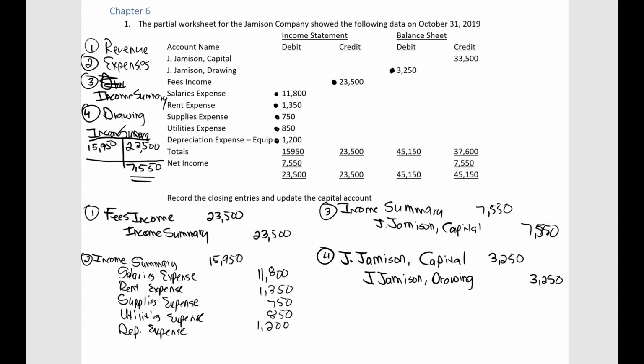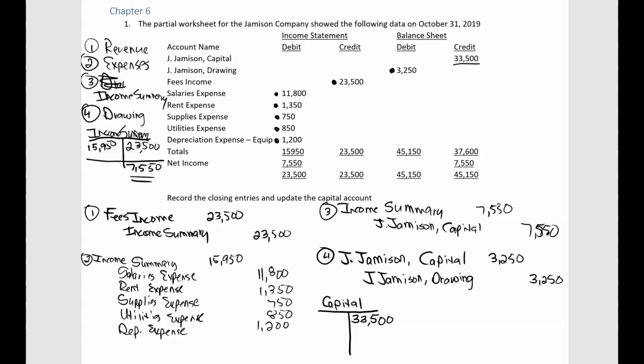Okay, and that's it for the first one. Those are the closing entries. Now to update our capital account, this is the second part to that question. Here's our capital account. It has a credit balance of $33,550. That's what we started with.